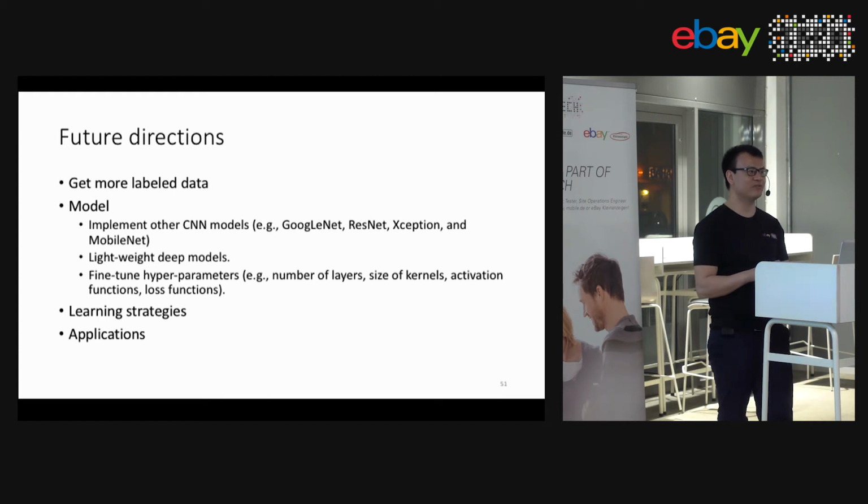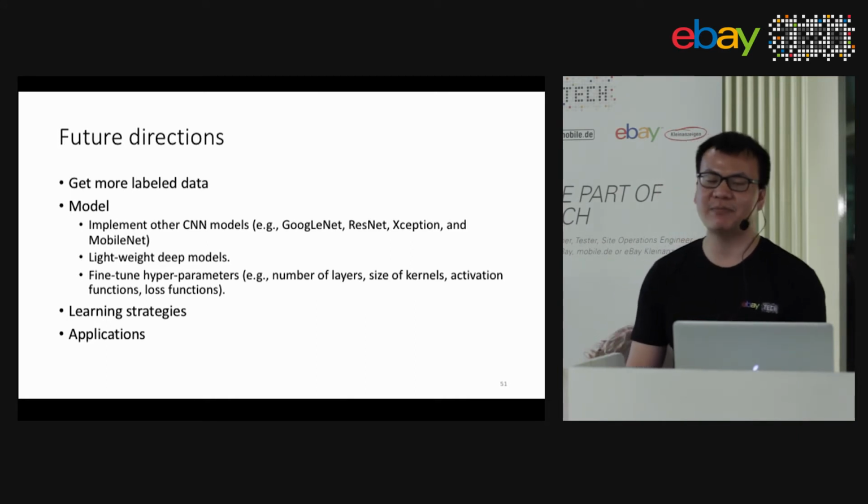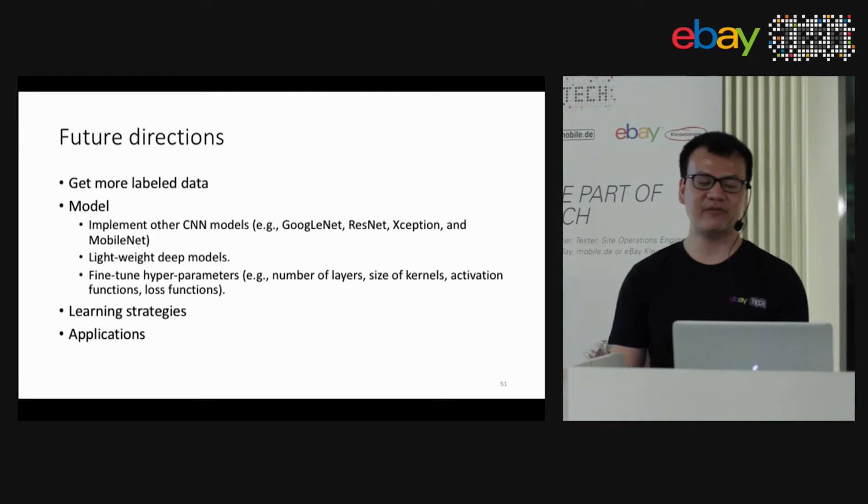But what we prefer is a neural network which has similar performance but with much fewer weights. We call it a lightweight deep model. Then certainly, we need to fine-tune the hyperparameters, like the number of layers, size of kernels, different activation functions, and different loss functions, etc.